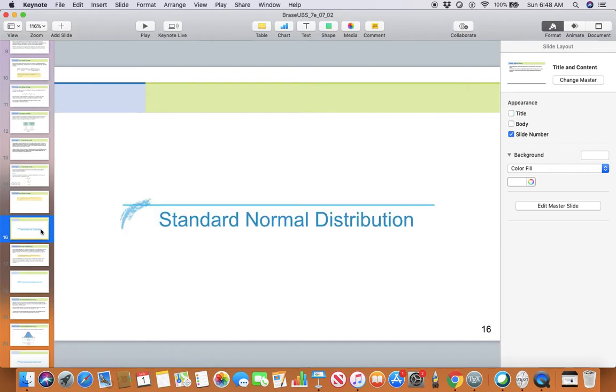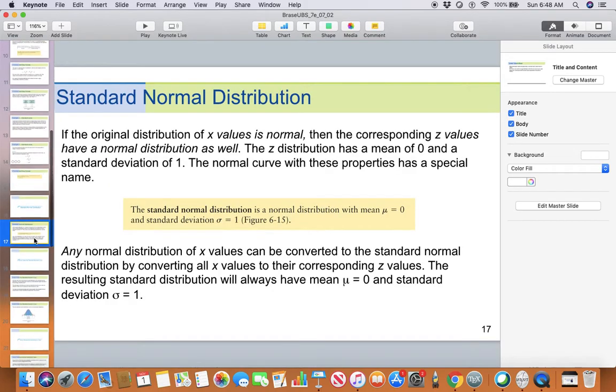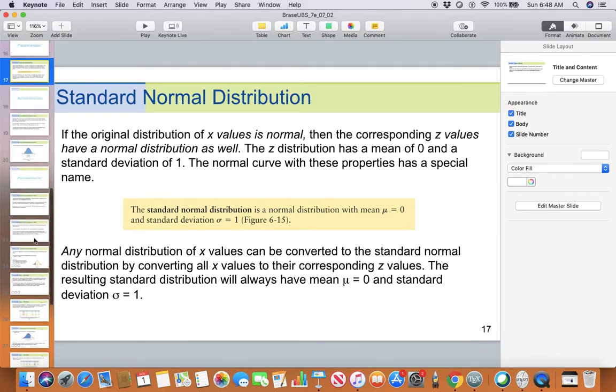All right. Standard normal distribution. What are the advantages, or the properties, of a standard normal distribution? If the original distribution of X values is normal, then the corresponding Z values have a normal distribution as well. The Z distribution has a mean of 0 and a standard deviation of 1.